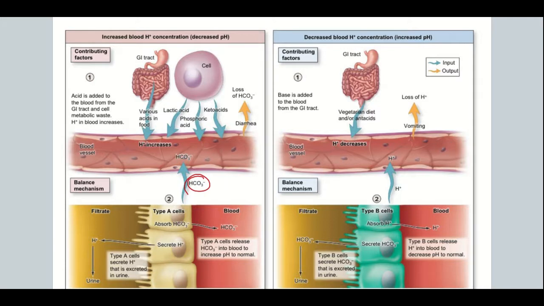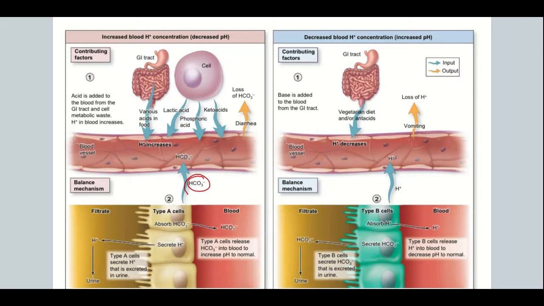So there are several things that are important during acid-base regulation. We can see that hydrogen changes in our body based on 4 different things. It depends on the input of acid. So how much acid or base are you putting into your body, or is your body receiving?